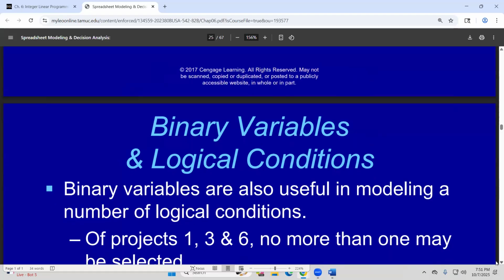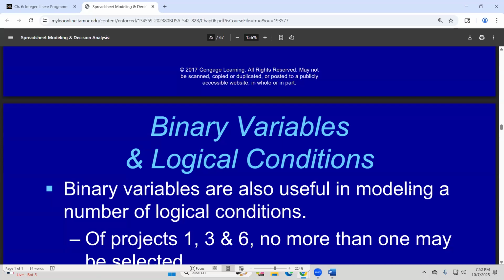Okay, so don't look at the slides. Can you answer this question? You see this at the bottom: projects 1, 3, 6, no more than one can be selected. So we want to pick at most one of these projects.